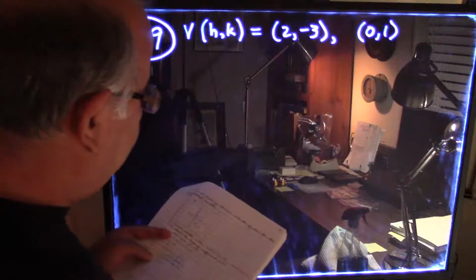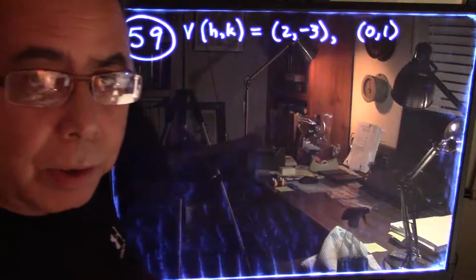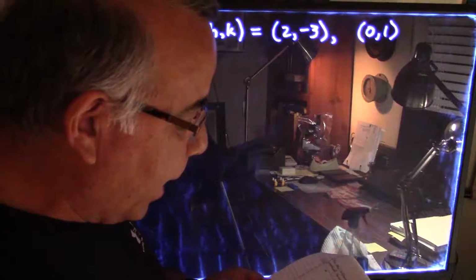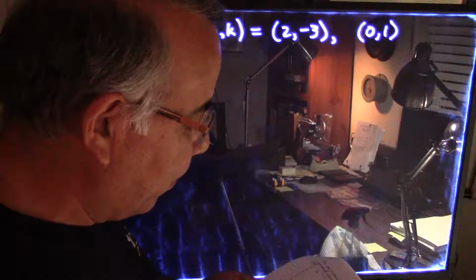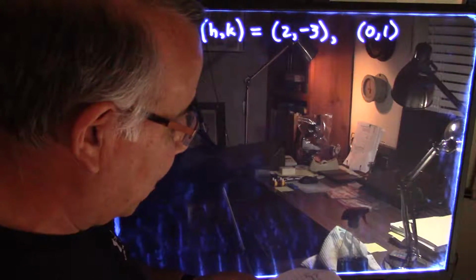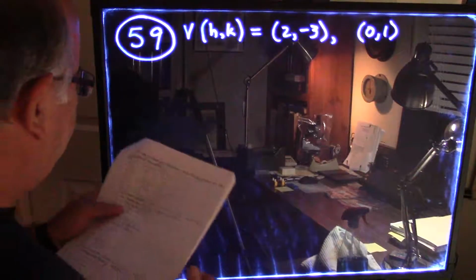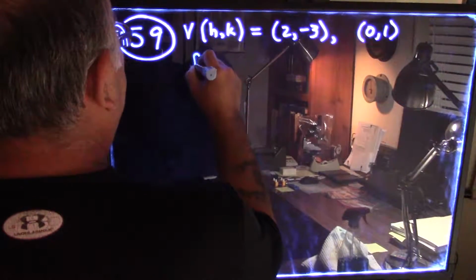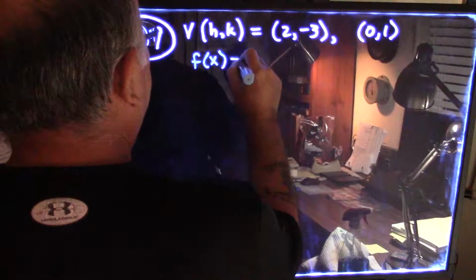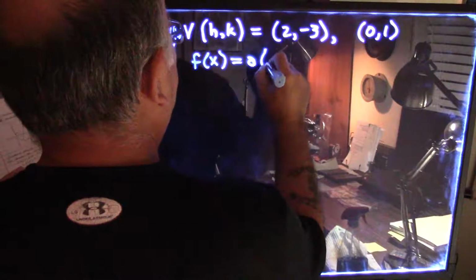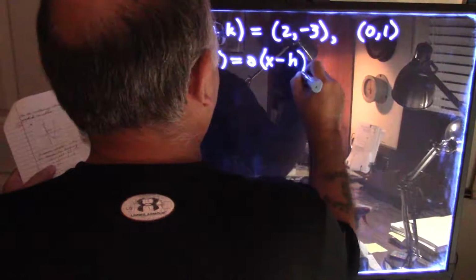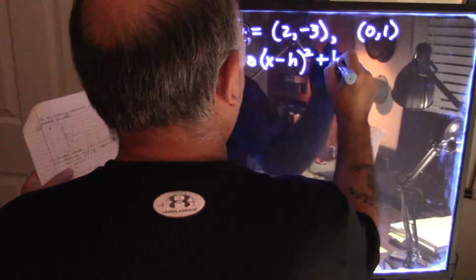Now, the graph, as you saw, opens upwards, so the leading coefficient A in the standard form is greater than 0, it's positive. So, use the standard form, f of x equals A times the quantity x minus h squared plus k.